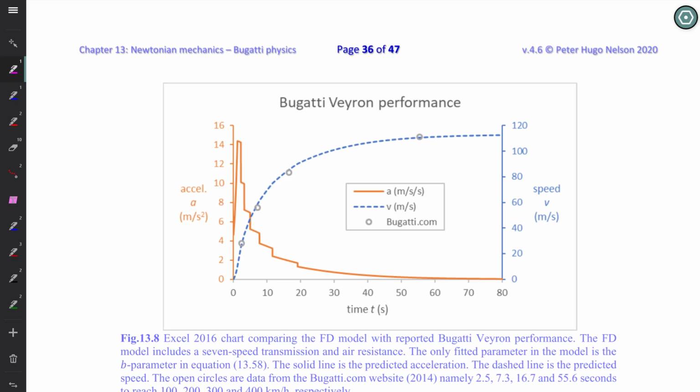Ultimately, students can model the performance of the Bugatti Veyron by including its 7-speed transmission and air resistance to show that the simple model can predict the actual performance of the car as a function of time.